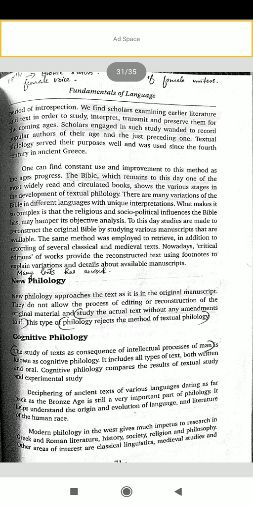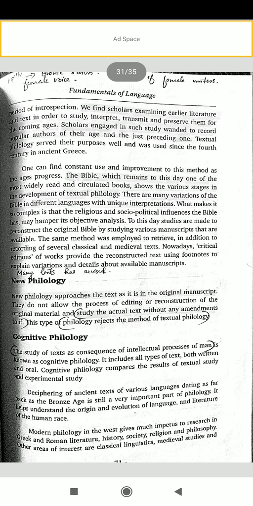They refer to the original text. Suppose a new philologist is studying the English language, he will refer to the original manuscript of Beowulf, the one which is in Old English. But a textual philologist will refer to the rewritten form of Beowulf. That is the difference between new philology and textual philology.